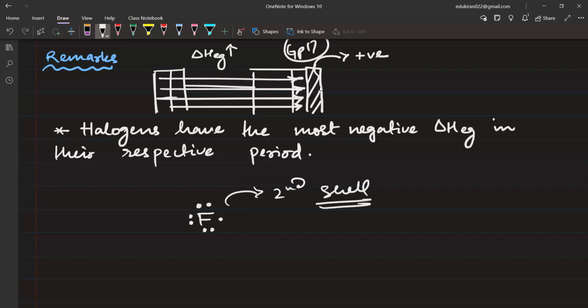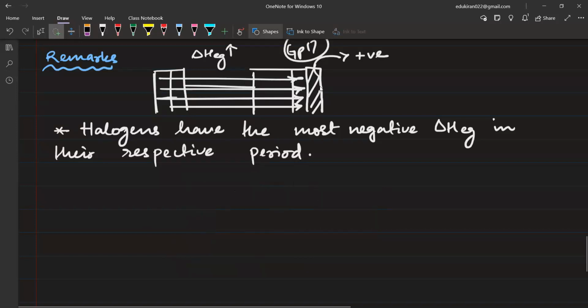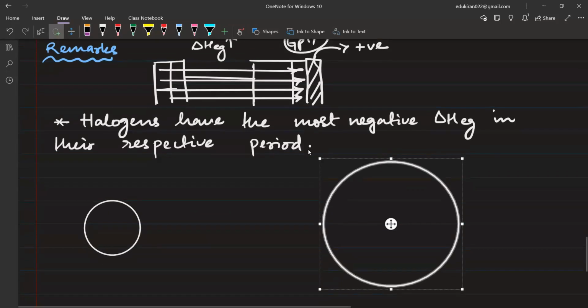Because it has a very small size, the incoming electron feels a large repulsion from the existing electrons. So when I compare fluorine with chlorine, please see, fluorine will have its valence shell something like this, and chlorine will have its valence shell something like this. So what do you think, guys?